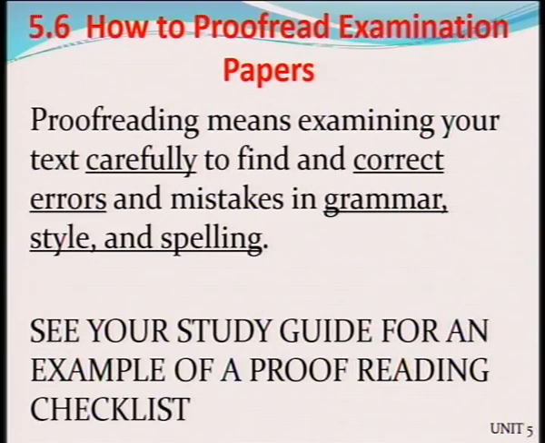It is always a good idea to ask one of your colleagues to also read through and make sure that you caught all the errors and that your grammar is correct, because that can cause confusion if a learner is doing examinations and the questions asked are not clear or misspelled. So we have to also think about that. All right. At the bottom I said, see your study guide for an example of a proofreading checklist.